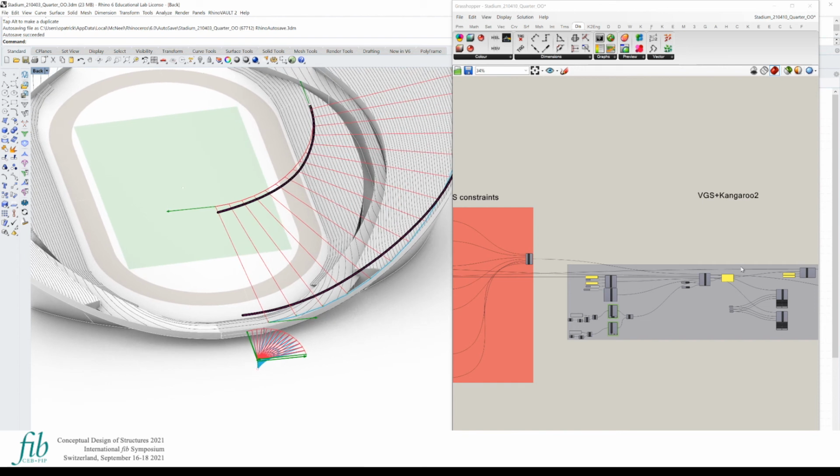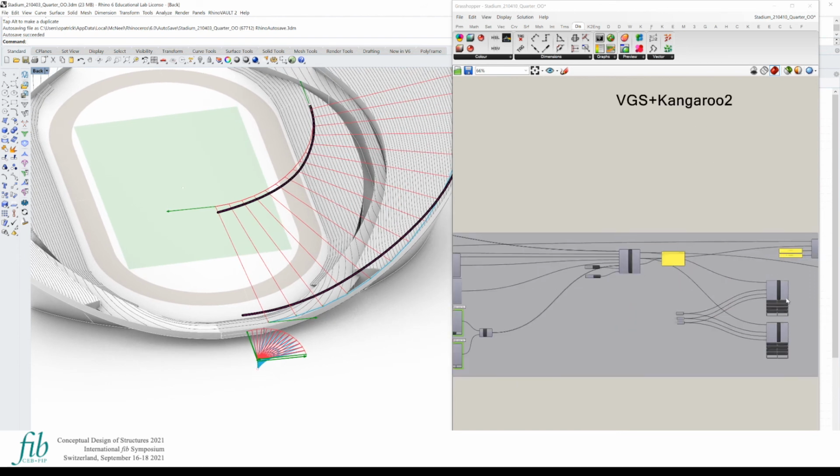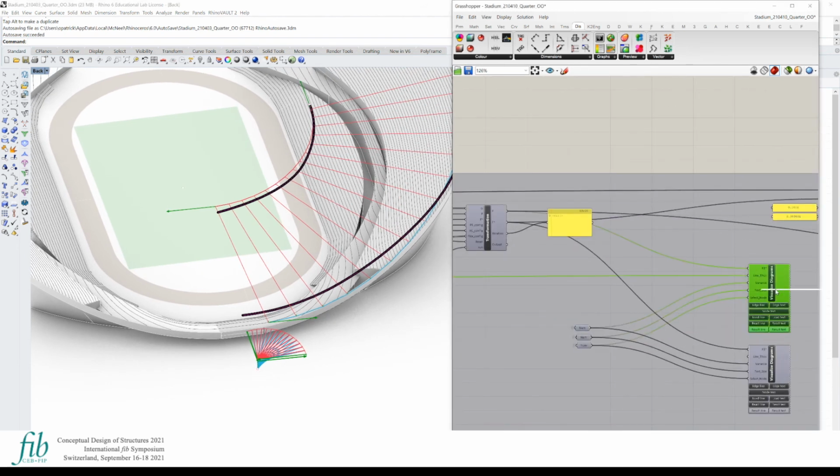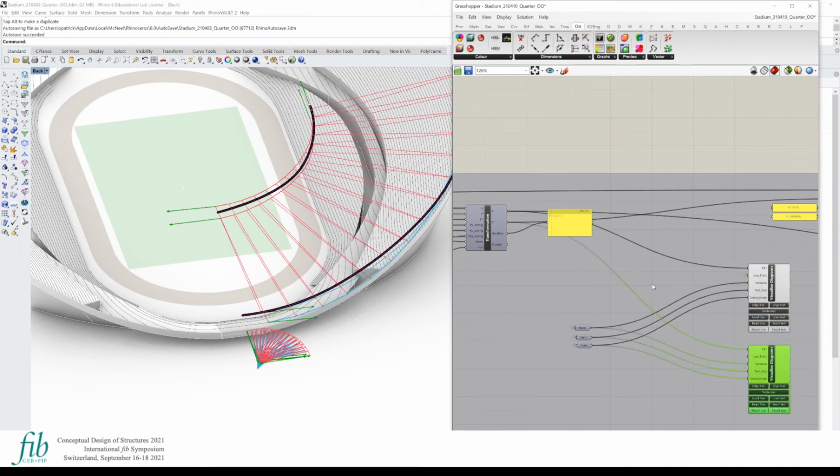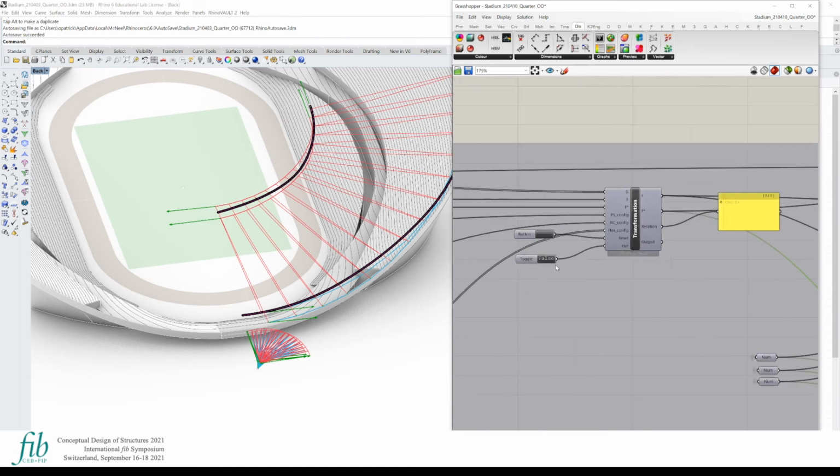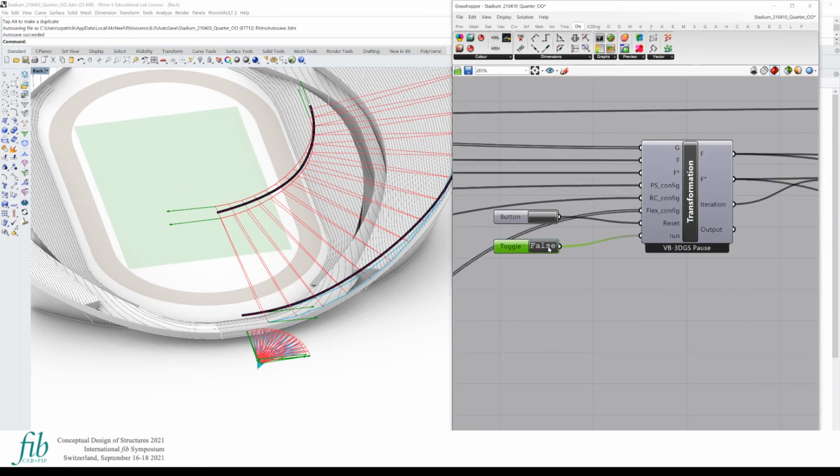What you see here is a new instance of a form in the force diagram. Here you see already a transformed state, but once I press the run button, and the reset button, you see how it is transforming from an initial state to the converged state. You see here the convergence.